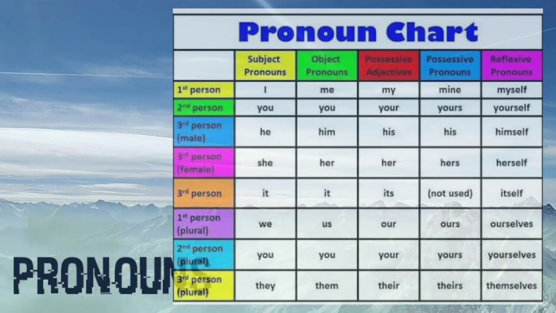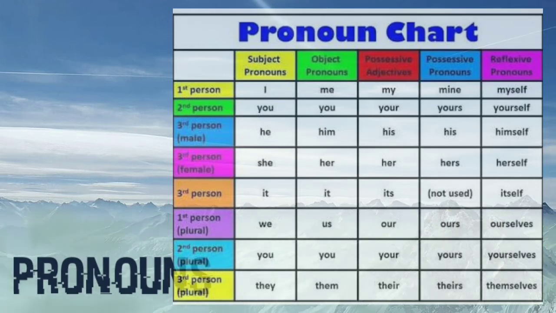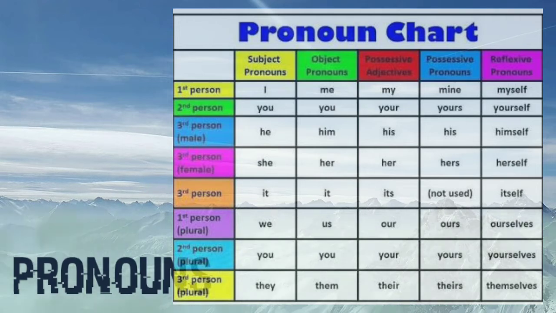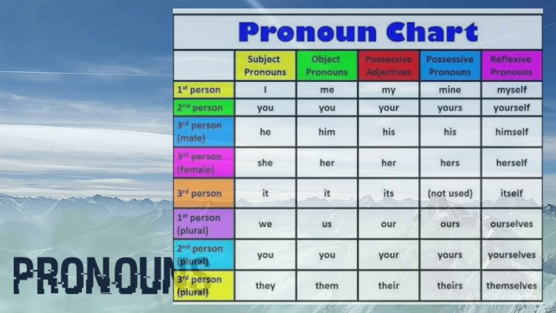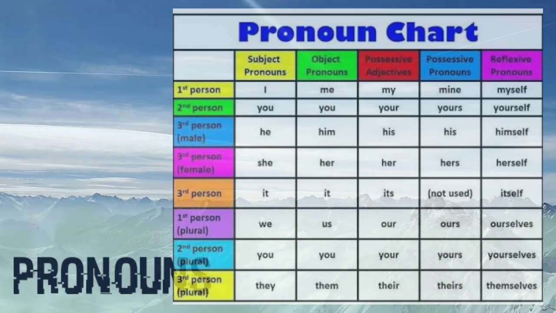So for that, I have the chart here, pronoun chart. You can see the columns: subject pronouns, object pronouns, possessive adjective, possessive pronouns and reflexive pronoun. And it is also further divided into first person, second person, third person singular, and first person, second person, third person plural.